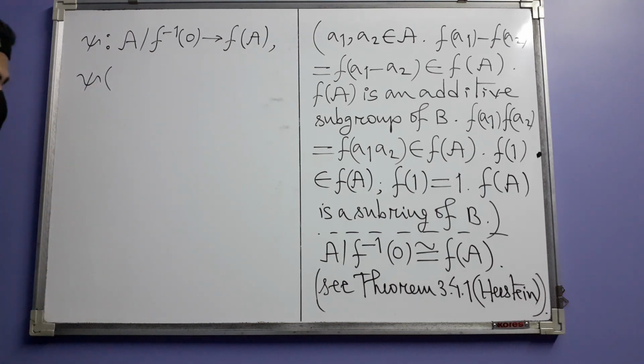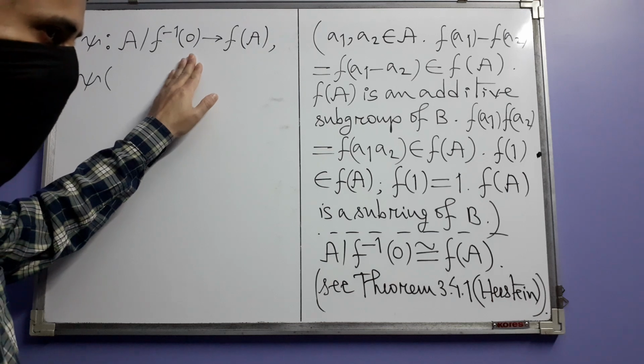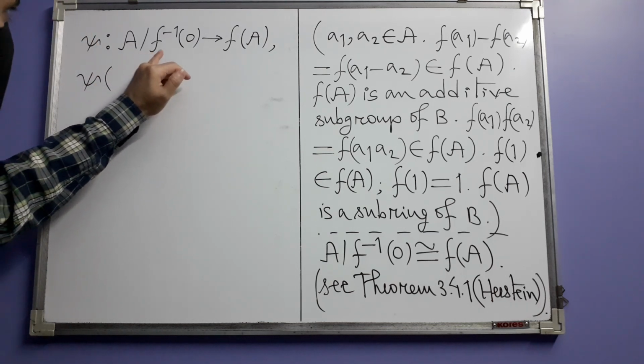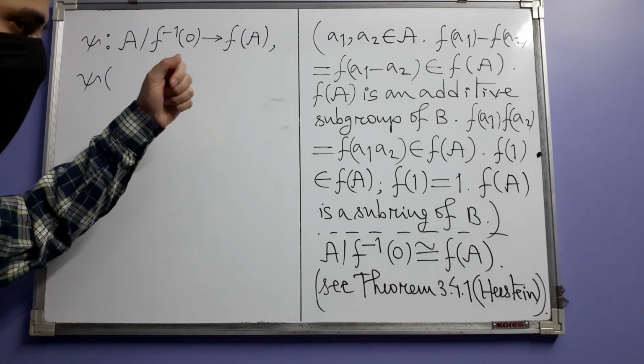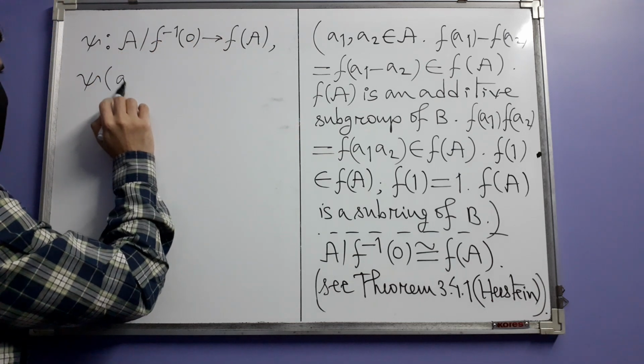So what will be our input? Our input is going to come from this quotient ring, which means that this input is going to be a coset of the ideal F inverse of 0 in A. So this is how it's going to look.